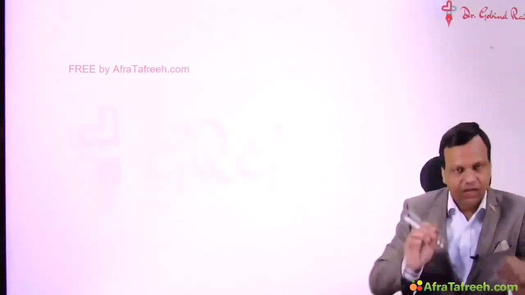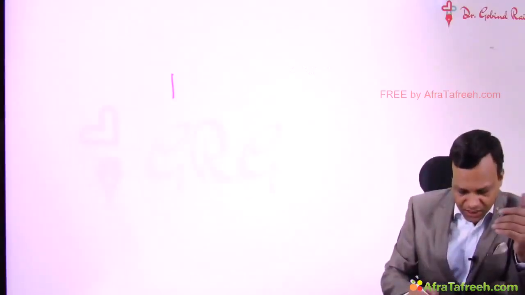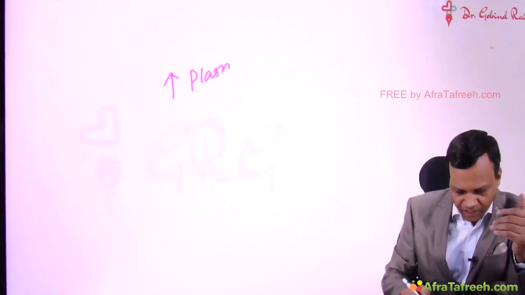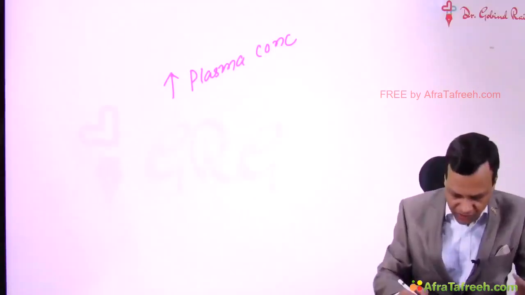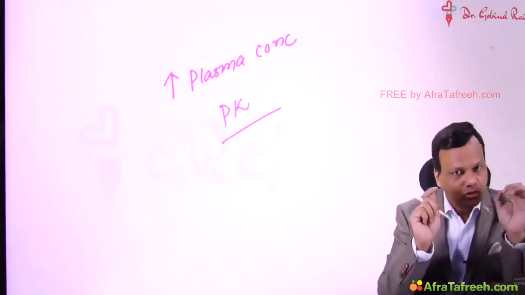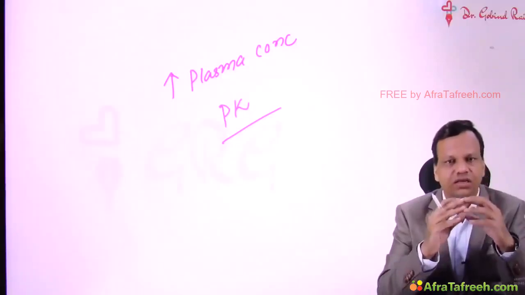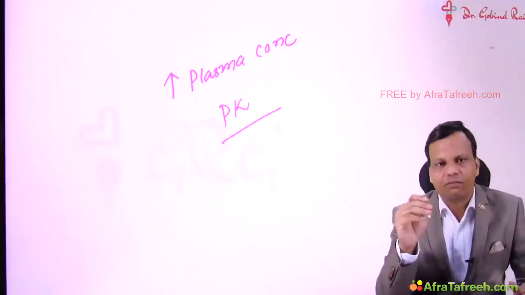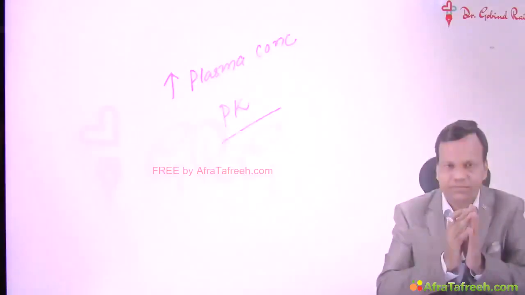On the other hand, verapamil and amiodarone, they increase the plasma concentration of digoxin, and when plasma concentration is more, obviously the toxicity will occur. So this type of interaction is called as pharmacokinetic interaction. So thiazides have pharmacodynamic interaction to cause toxicity, whereas amiodarone and verapamil, they have pharmacokinetic interaction to cause digoxin toxicity.